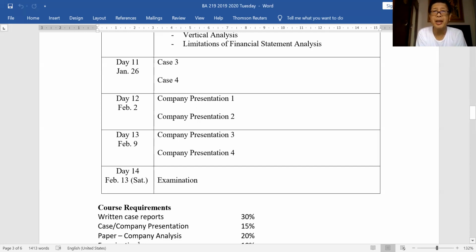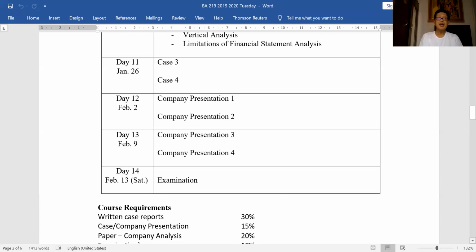When I mark your reports, if I feel that you have raised very meaty questions, then I can add more points to your written reports. So that can improve your grade for that particular case.